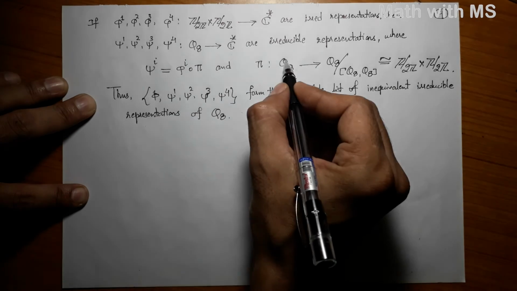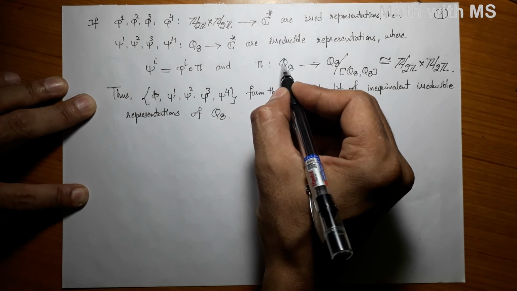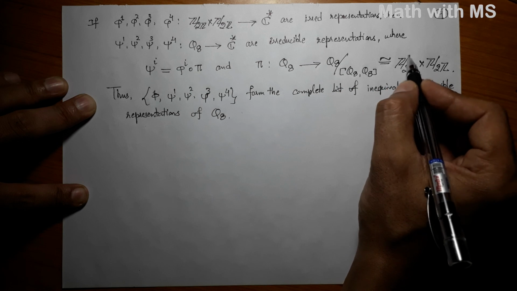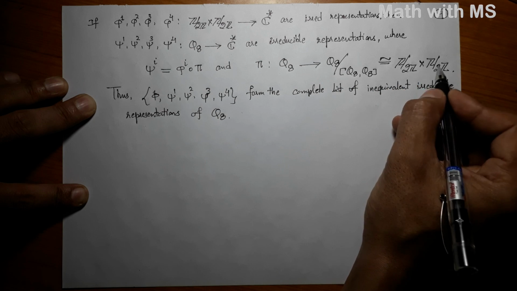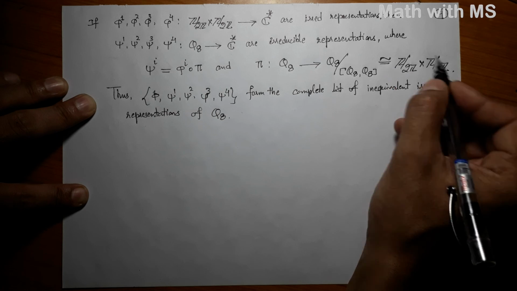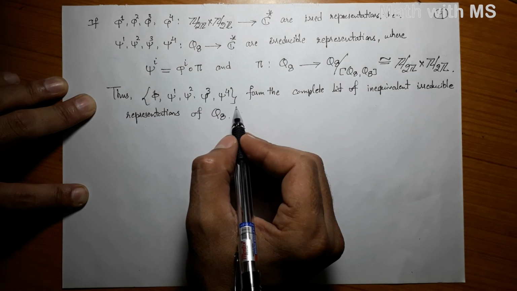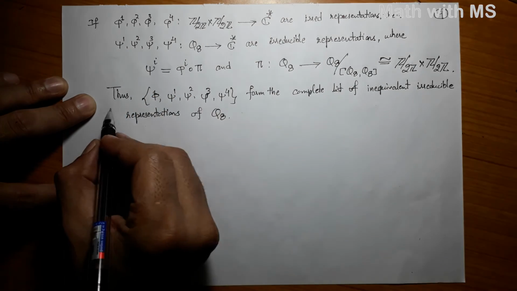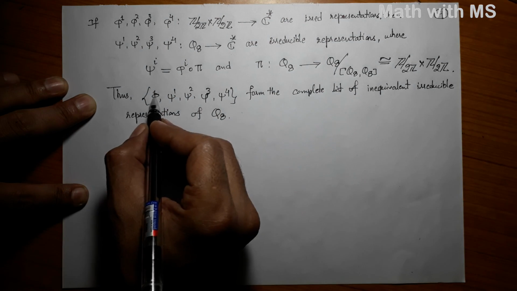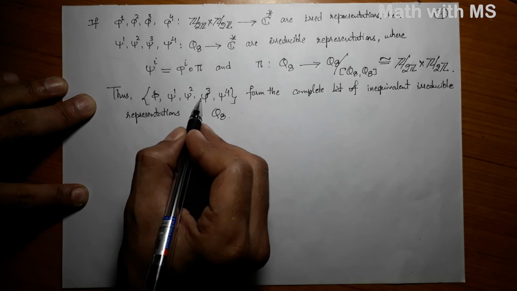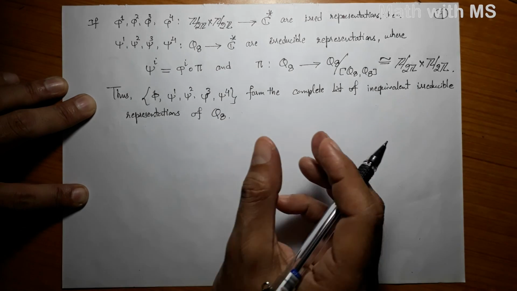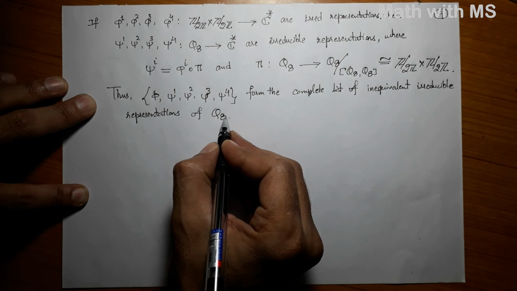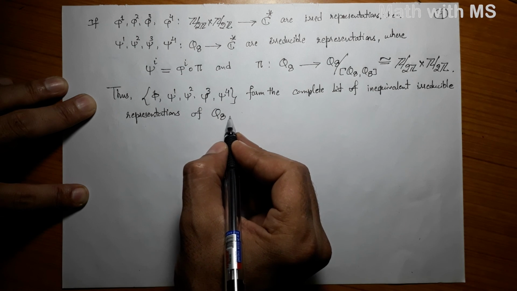So you take any element of the quaternion group and map it to its coset, which you identify with an element of Z mod 2Z times Z mod 2Z by this isomorphism, and then apply the phi i's. Then all these psi i's are also irreducible, and therefore phi, psi 1, psi 2, psi 3, psi 4 is the complete list of inequivalent irreducible representations of the quaternion group Q8.